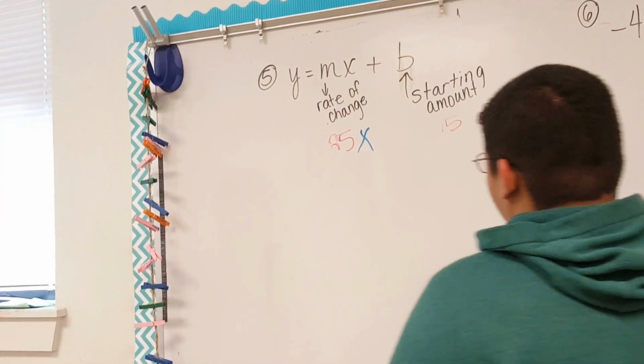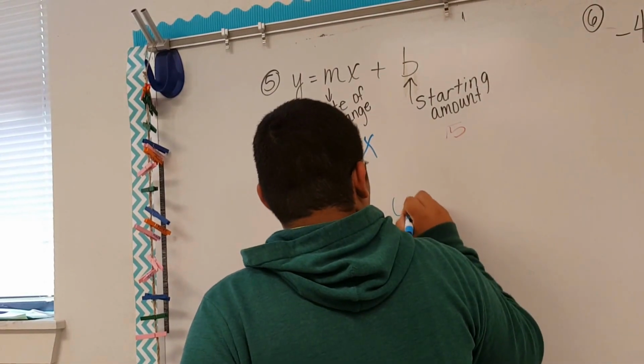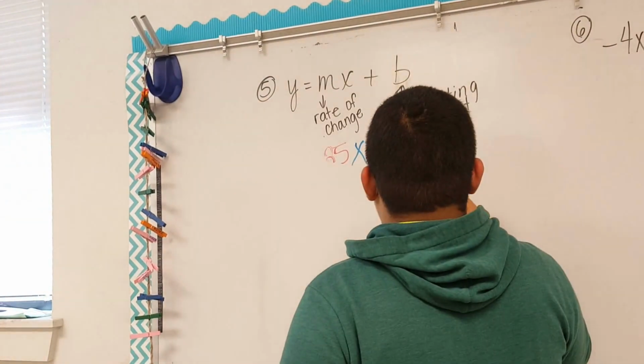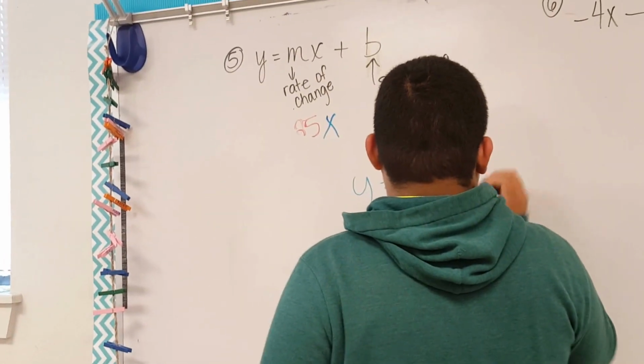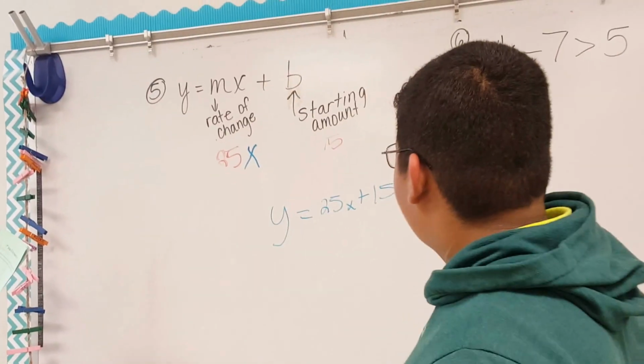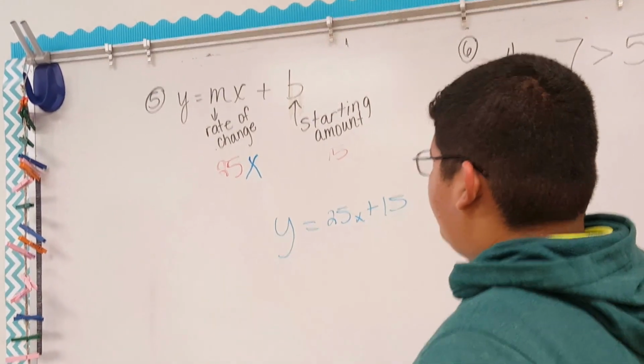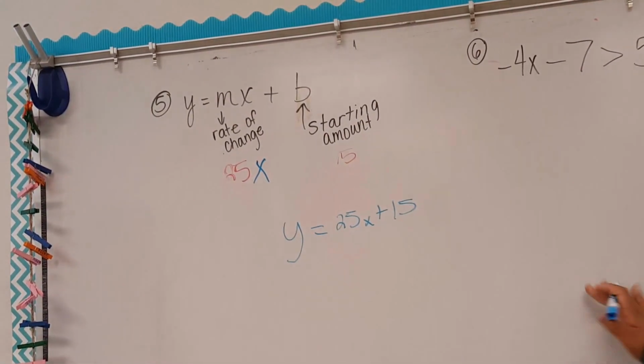So he starts out with 15 soldiers, and B in Y equals MX plus B is the starting amount. So if he's going to get 340 total soldiers, where would you put 340?